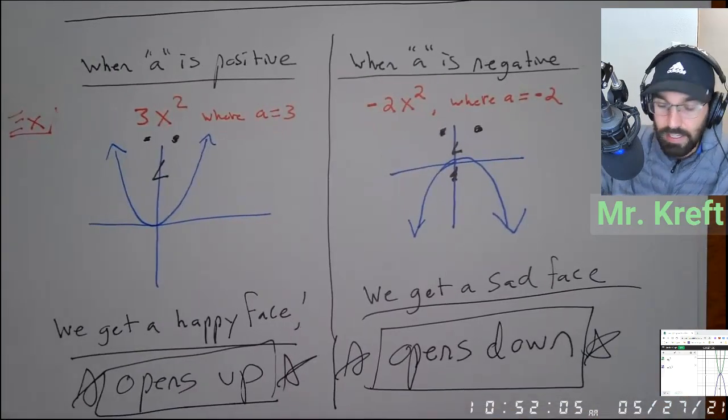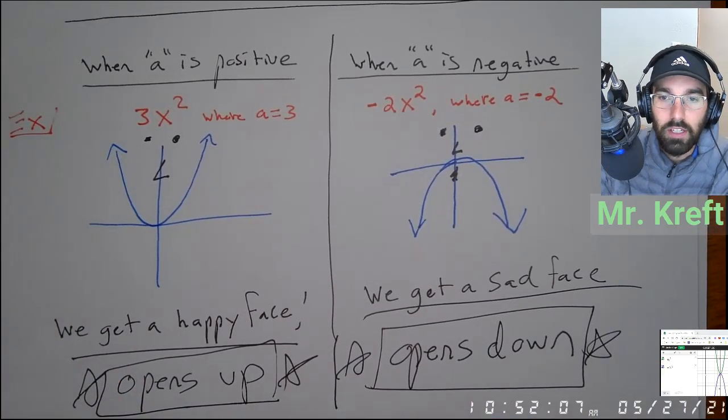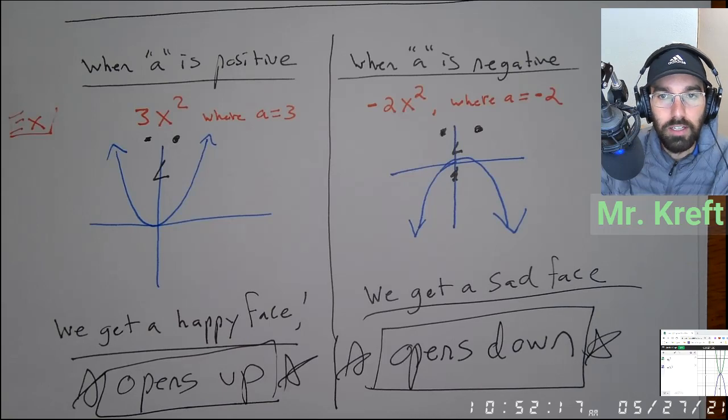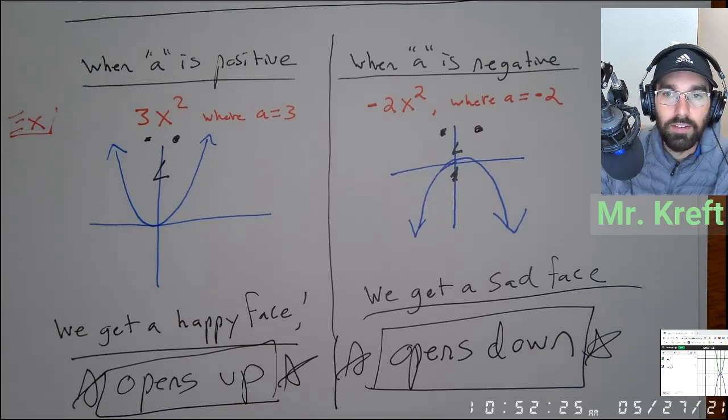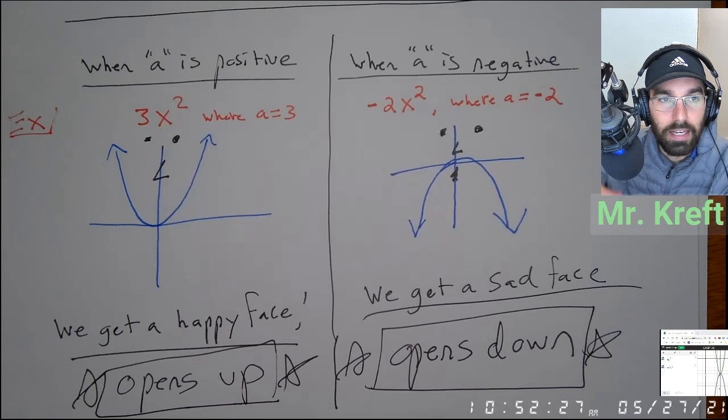Okay, so that's the big takeaway we need to take away from this. We can know this before we graph, without graphing, and that's going to save us so much time if we can just look at an equation and say, hey, I know this is opening up or down. I'll show you why in just a little bit. That's the big thing for today.